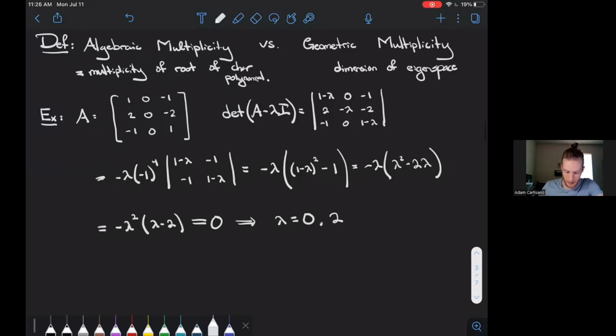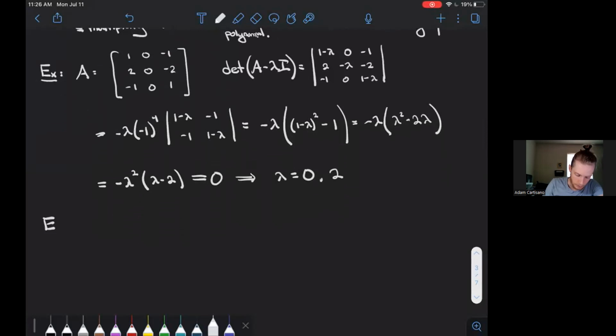Okay? And now let's compute E0. Actually, let's compute E2 first, just because that seems to be the case that's more similar to the previous ones we saw. So this is going to be the null space. I'll just write down the augmented matrix. For lambda equals 2, we have rows (negative 1, 0, negative 1), (2, negative 2, negative 2), (negative 1, 0, negative 1).